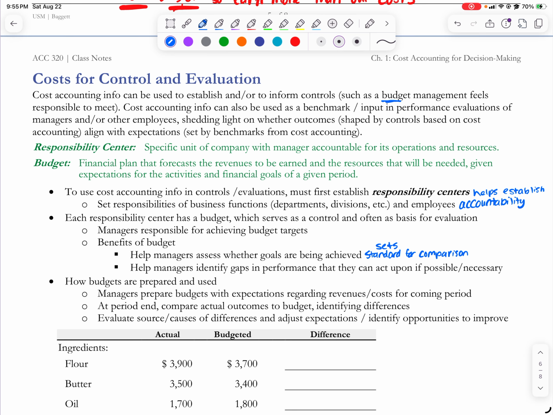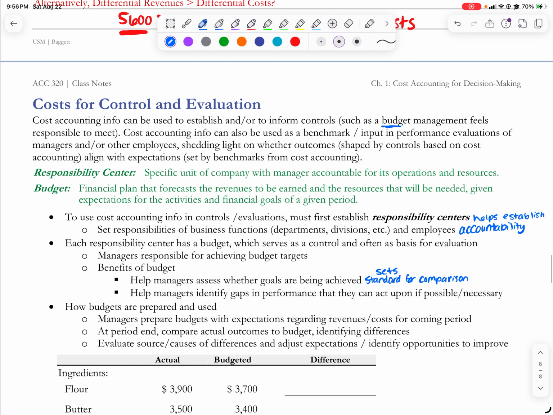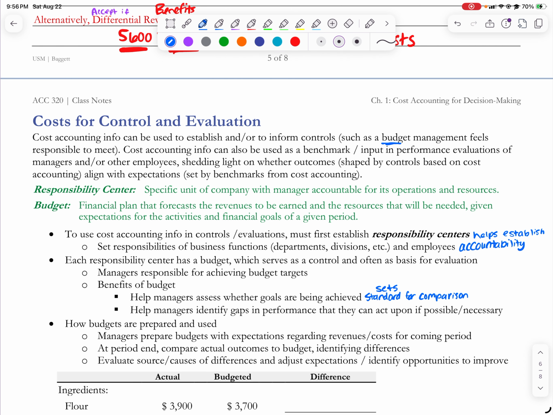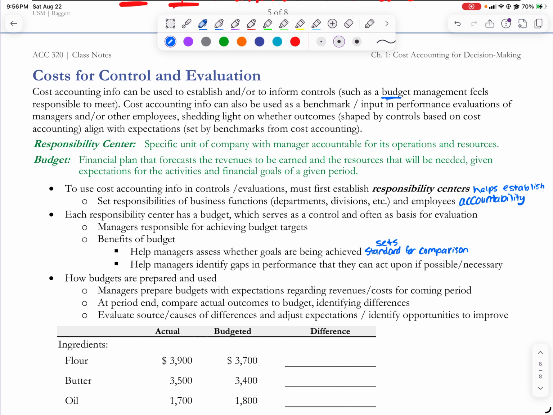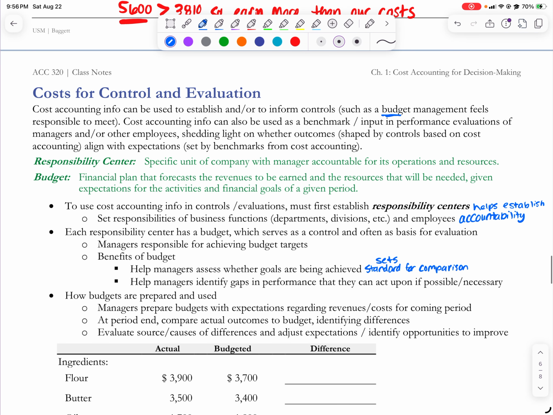Using budgets to help guide evaluations can help shed light on whether these outcomes that we've actually realized align with our expectations that are set by the benchmarks from cost accounting, as in the benchmarks that were informed by cost accounting information in the budget. So it helps identify where we've fallen short, where we've excelled, where we might improve. It also can help refine our expectations for the future.